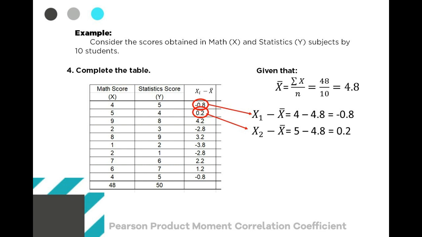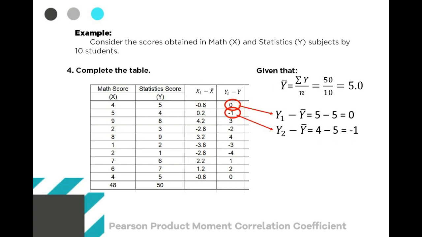So that's the third column in our table. Next, we have to compute for the Y, the statistics score. We have Y sub i minus the mean of Y, which we all know is 5.0.